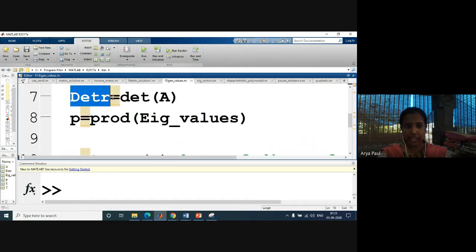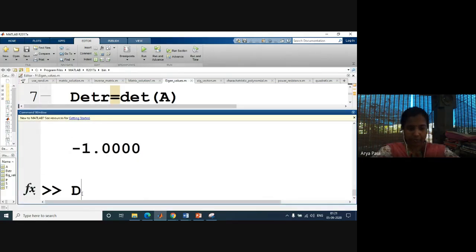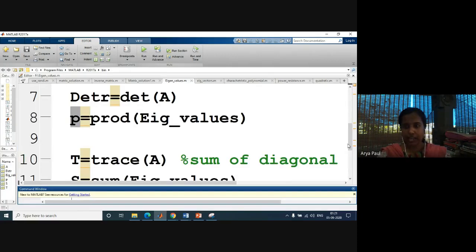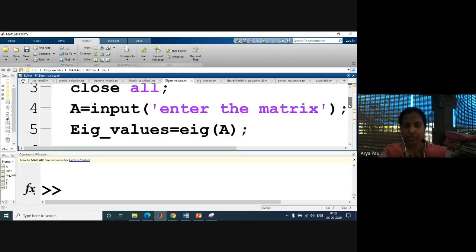Next we will type the determinant and then the product. Determinant is 45. We will see the product. Product is also 45, so both are the same. I hope this example is clear. To find the eigenvalues, you need to use eig of the matrix.